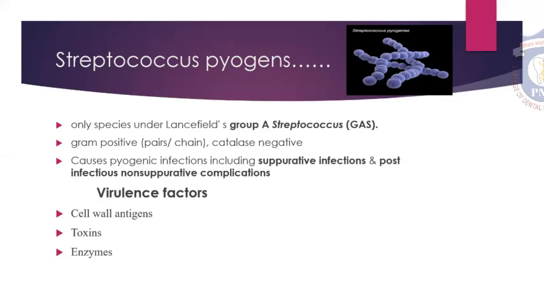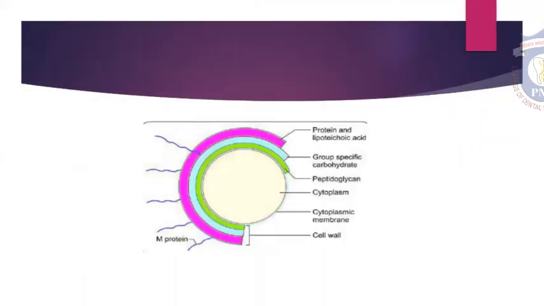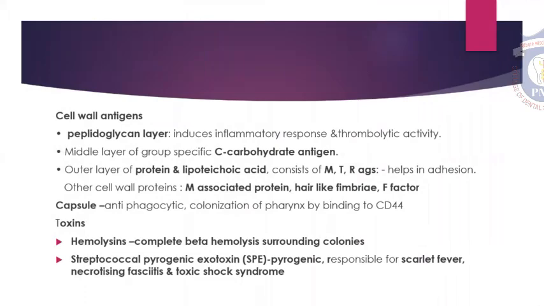Next, we are going to discuss the virulence factors of Streptococcus pyogenes. First one is cell wall antigens, then toxins and enzymes. This is the structure showing the virulence factors of Streptococcus pyogenes. The primary important virulence factor is cell wall antigens.